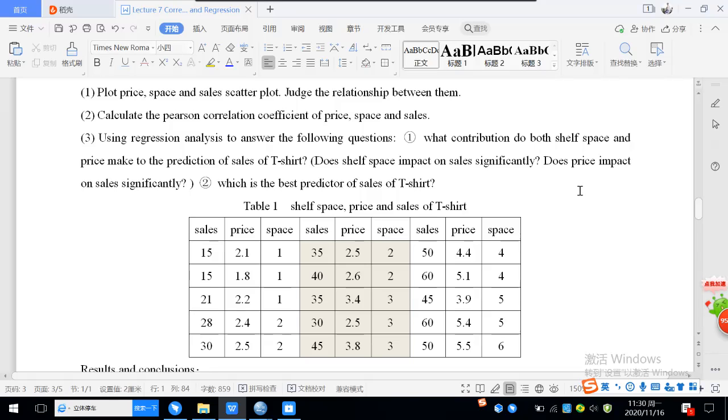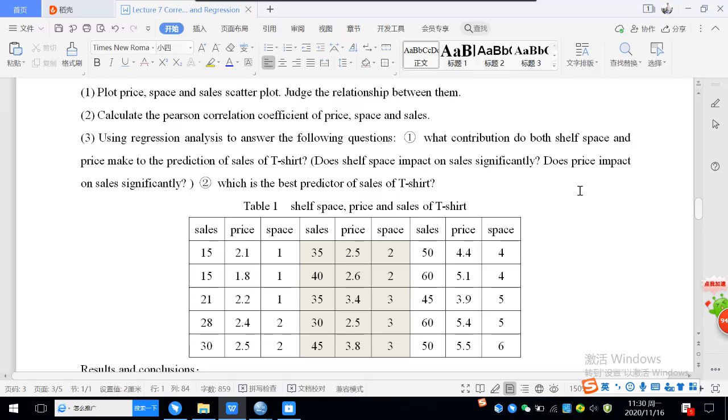Here, if you meet a question like this, if you want to use the multiple linear regression, firstly, you need to draw the plot. You need to draw the plot to check if they have a linear relationship.